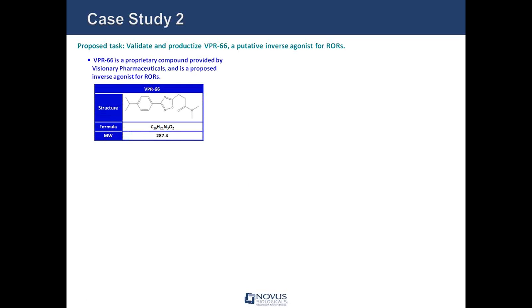Second case study, the proposed task was to validate and productize VPR66, a putative inverse agonist for ROR proteins. VPR66 is a proprietary compound provided by Visionary Pharmaceuticals and is a proposed inverse agonist for ROR proteins.